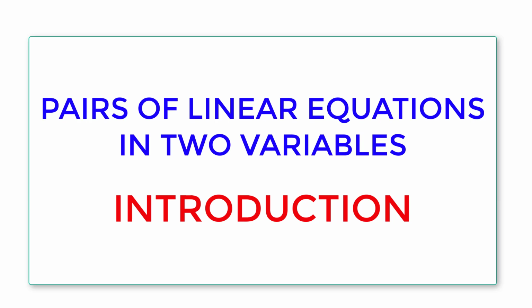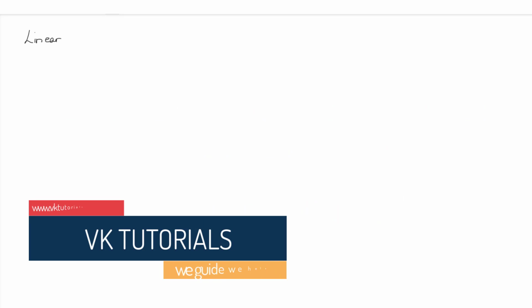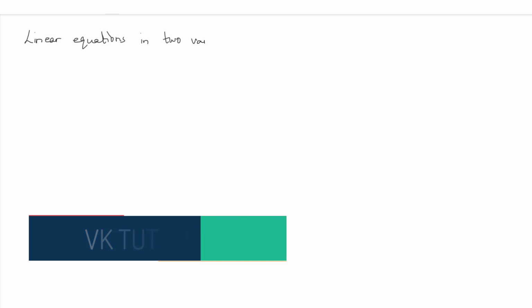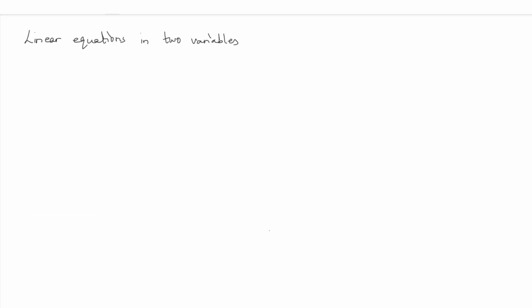In this video, we'll learn about pairs of linear equations in two variables, chapter 3 of the class 10 CBSE syllabus NCERT book. In class 9, we have learnt about linear equations in two variables, that is, equations which can be written as ax plus by plus c equated to 0.